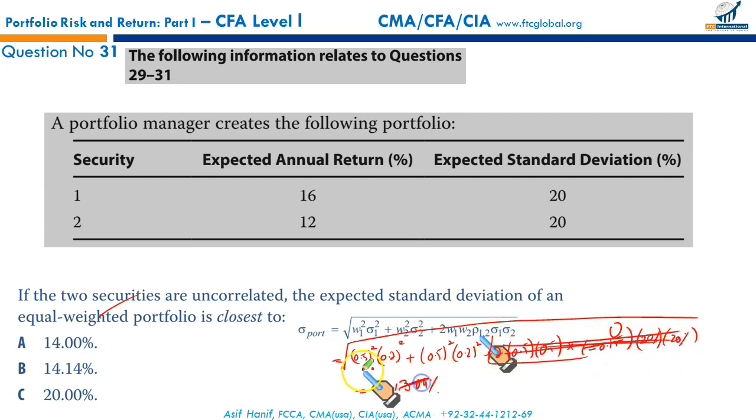So you will just take these to get your answer. That is 0.5 squared times 20% squared plus 0.5 squared times 0.20 squared, and once you simplify, it should give you 14.14%, and that makes B the correct option.